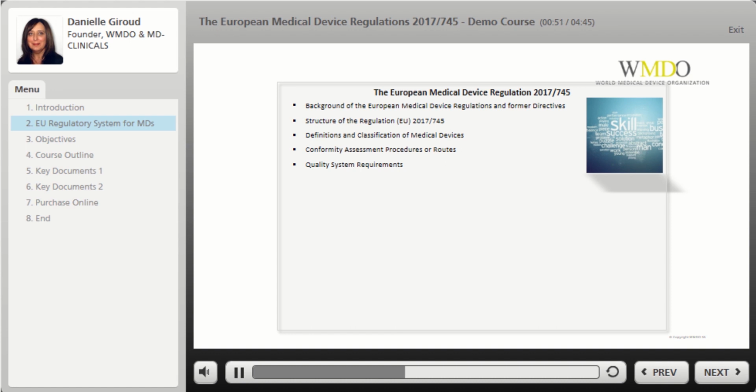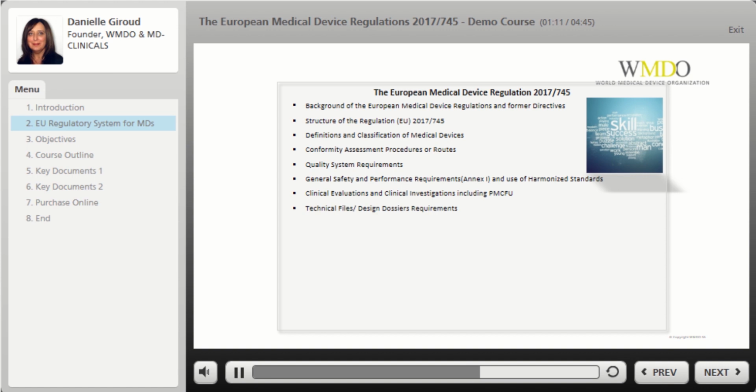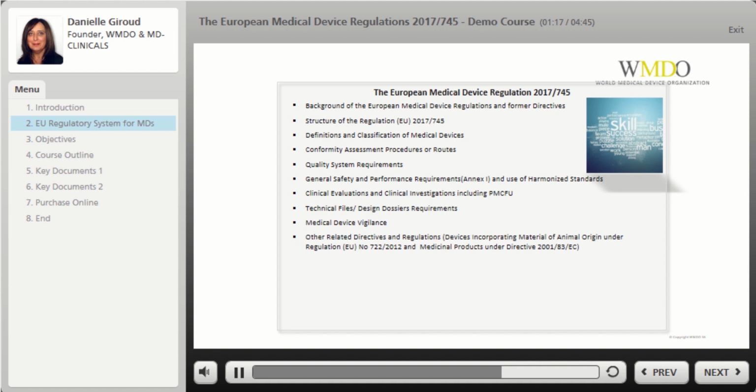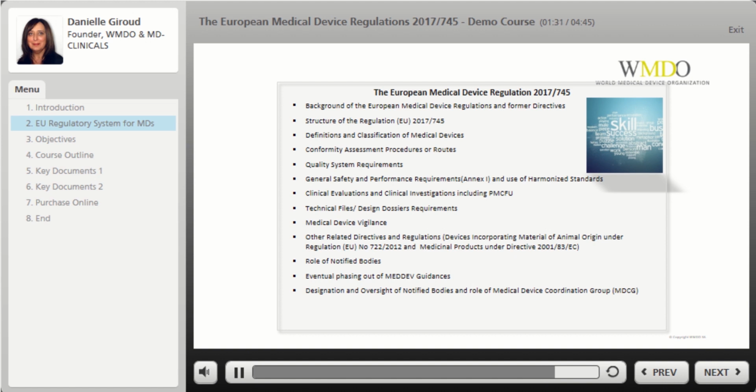system requirements, general safety and performance requirements found in Annex I, and the use of harmonized standards, clinical evaluations including reference to MEDDEV 2.7.1 Revision 4, and clinical investigations including post-market clinical follow-up, technical file and design dossier requirements, medical device vigilance, demarcation guidances between the former directives, role of notified bodies, the eventual phasing out of MEDDEV guidances, designation and oversight of notified bodies by the different regulatory partners, including the Medical Device Coordination Group.